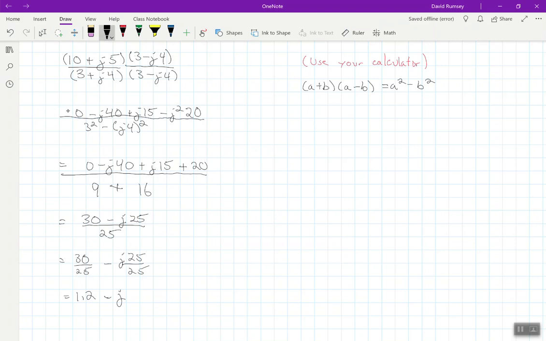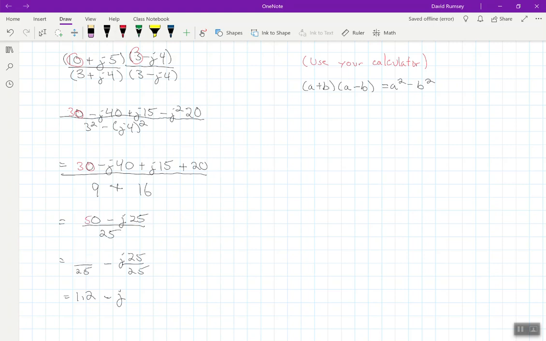3 times 10 is not 10. 3 times 10, and I always joke with my students, I just demonstrated why we probably want to use our calculator in this instance, because it's easy to make a mistake. 3 times 10, of course, is 30. So this would be 30 here. This would be 30, which would change this to 50.